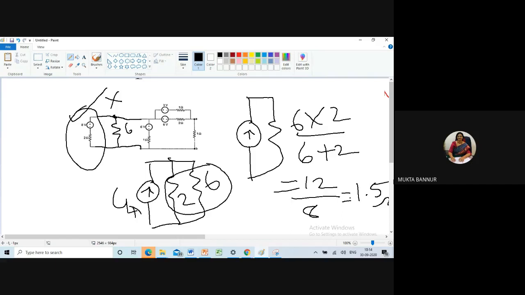You cannot consider that resistor either in series or in parallel. This 2 ohm resistor is not in series with the 6 ohm resistor, nor in parallel with it.